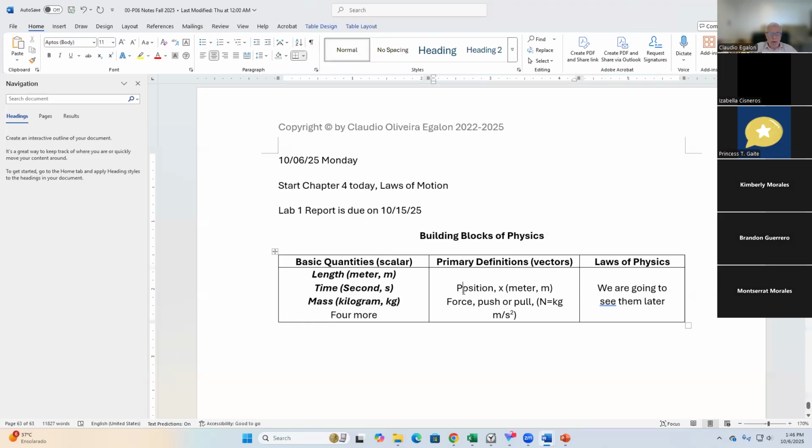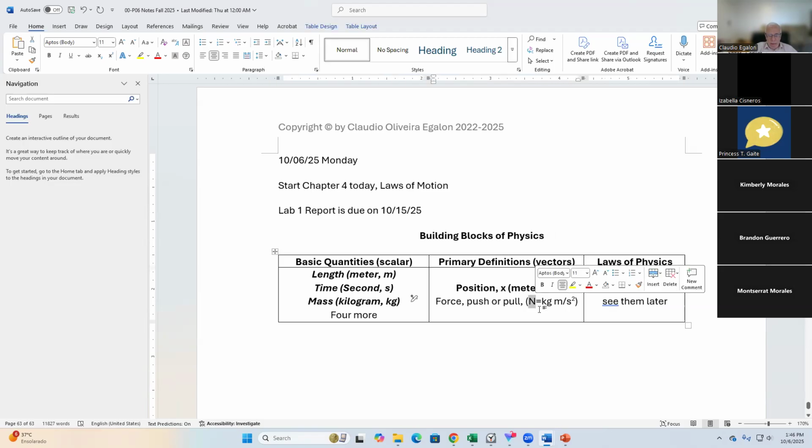The primary definition, the position, that we have been talking about, and there is this other primary definition, force. Force is a push or a pull. And that's going to be the concept that we're going to concentrate on now. The unit for the force is not the meter.